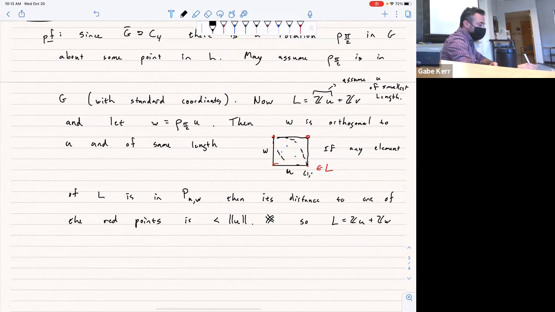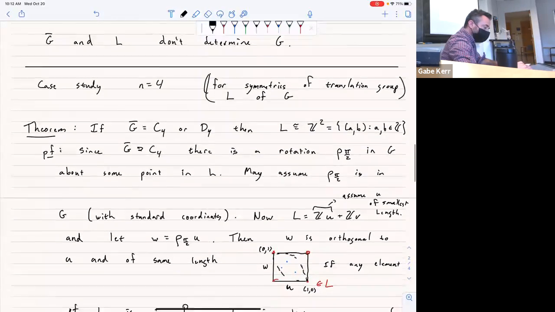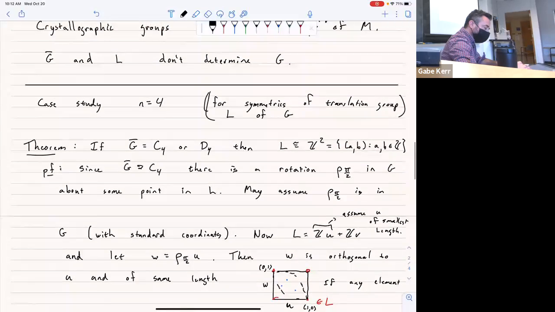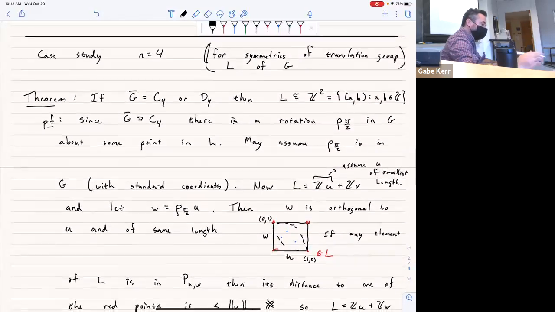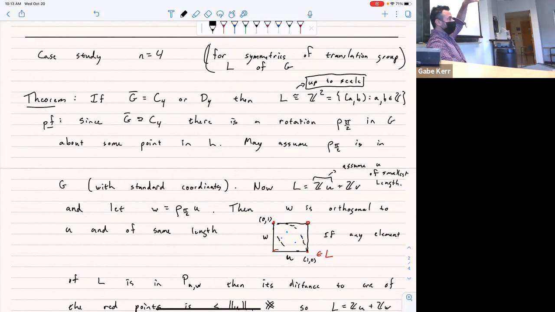I can identify U with (1, 0) by scaling, and identify W with (0, 1). When I say isomorphic, I should be clear about what I mean. Of course, everything is isomorphic as a group. Here I mean up to scale, scaling the entire thing by a single number.